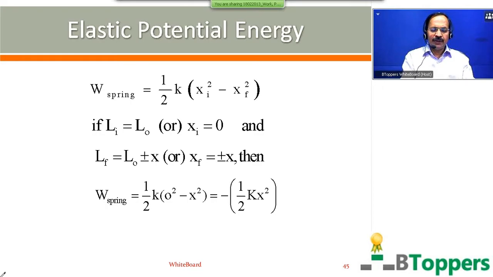We take xf equal to plus x when the spring is stretched by distance x from its natural length. That means if the spring is stretched by distance x from its natural length, xi is 0, xf equal to plus x. Then the work done by the elastic force by the spring will be minus half kx square.